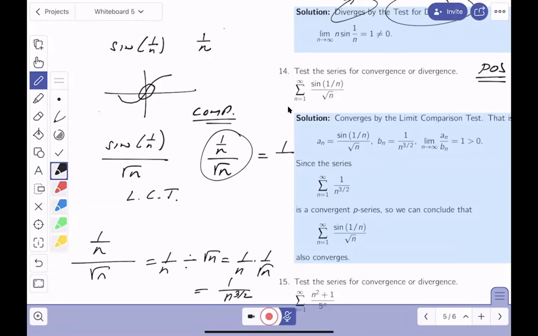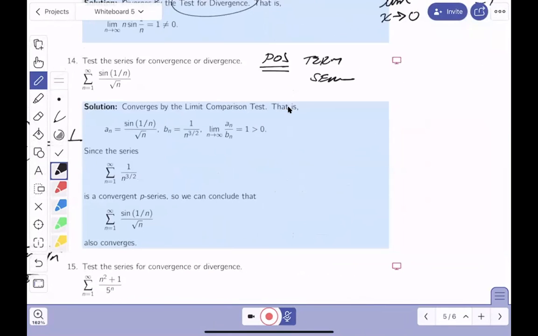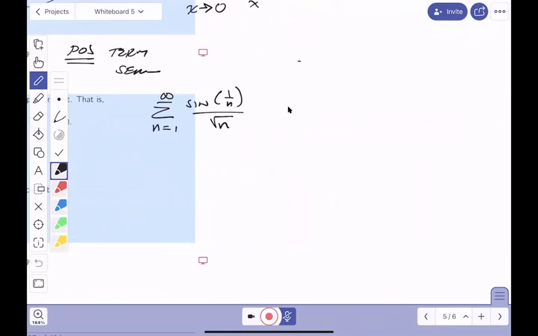Okay, so I think I'm ready. So I'm going to say this guy over here, for comparison purposes, it kind of compares to this one over here. And I know this over here is a convergent P series.